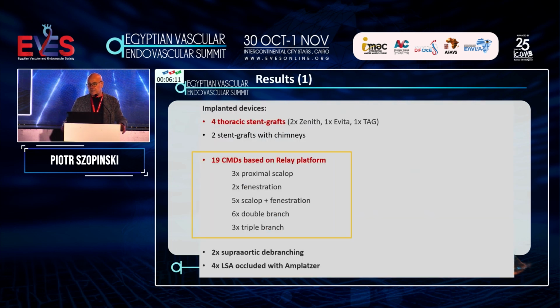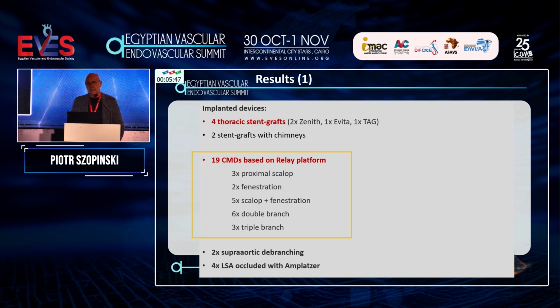Finally, after some experimental study that we are not doing anymore, and techniques like chimney only in a bailout situation, we decided to use a Relay platform in my institution, starting from very simple cases with just scallops, then with fenestrations. Then we started to mix techniques using scallops and fenestration.